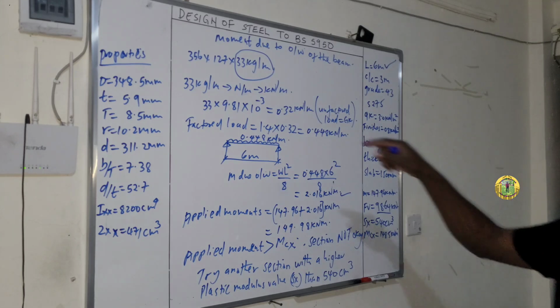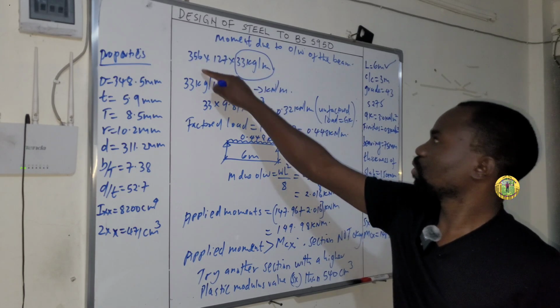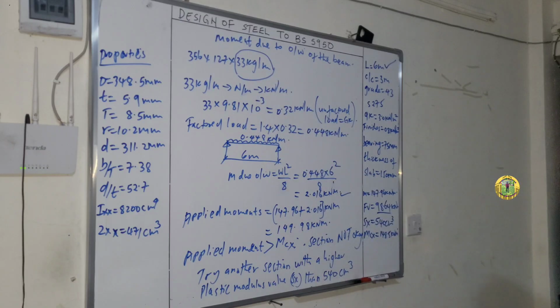For example, using different section values than this one. Again, after doing so, you will just follow the steps. You will check for strength classification, then section classification, then you will come to the shear strength up to this point. And if it passes the parameters, then you continue with your designing. But for our case here, I'm not going back to the table. You can do it as your assignment.